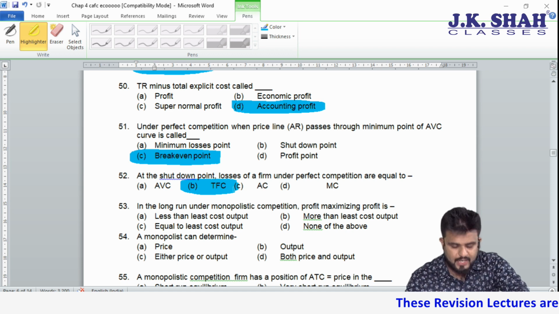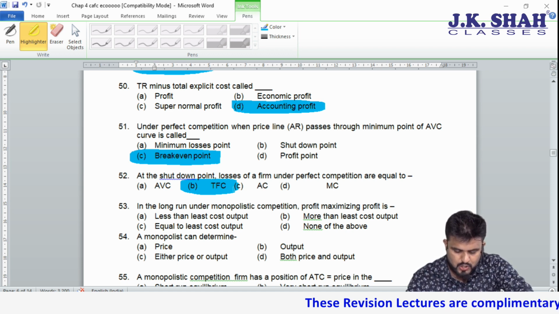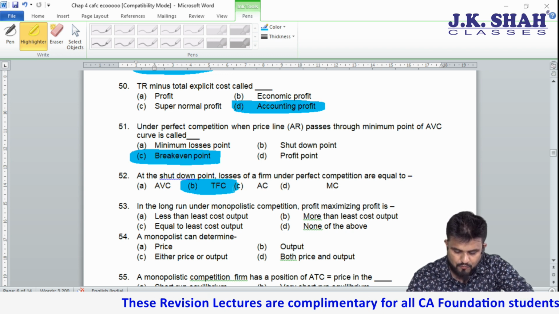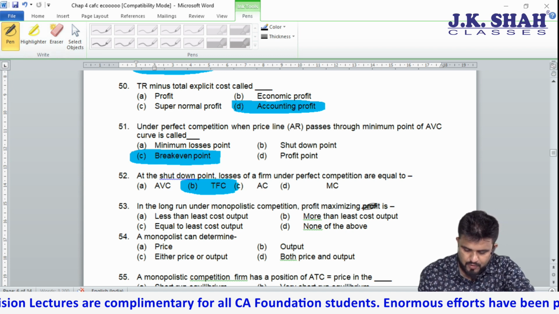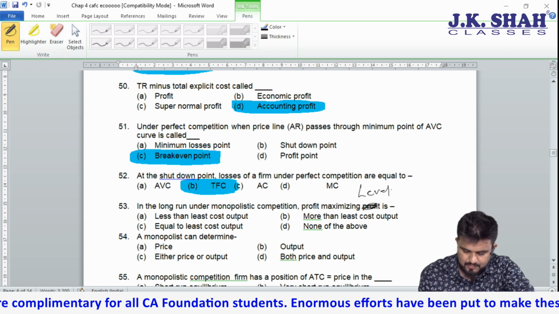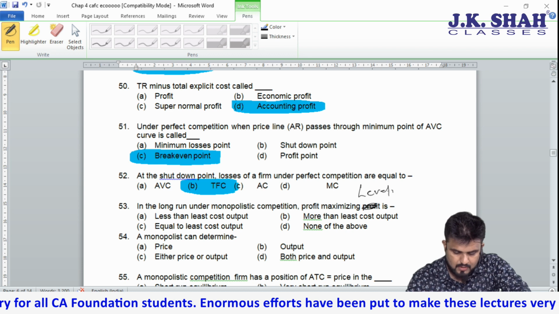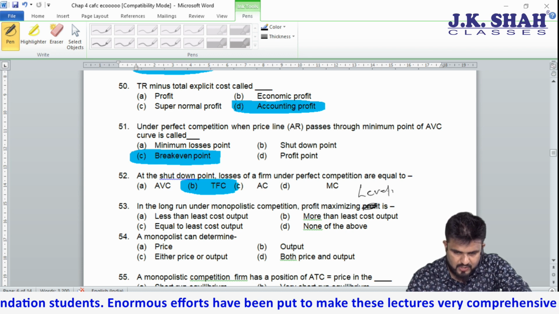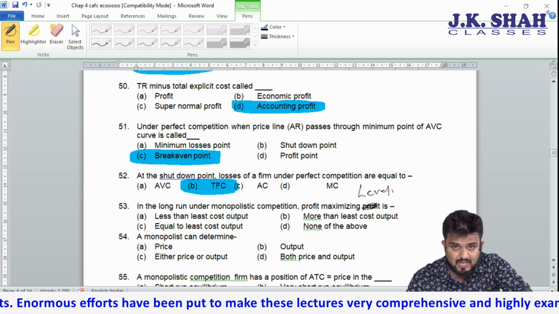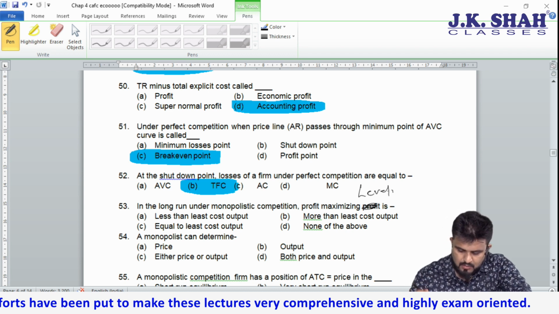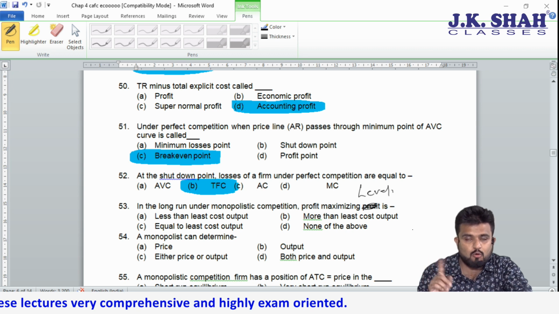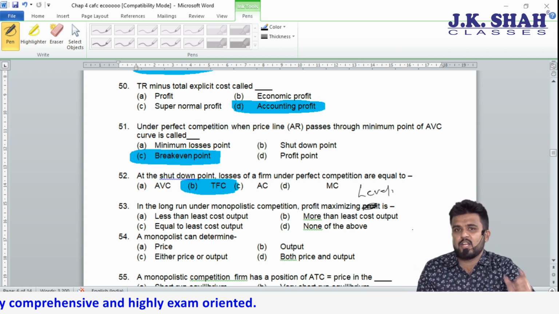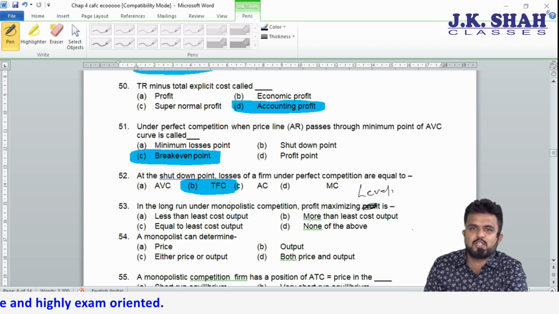53 now. In the long run, under monopolistic competition, profit maximizing level. The word should be profit maximizing level. So the 53 answer will be less than least cost output. Because if you remember, OQ1 was the least cost output and OQ was the profit maximizing output, which was less.